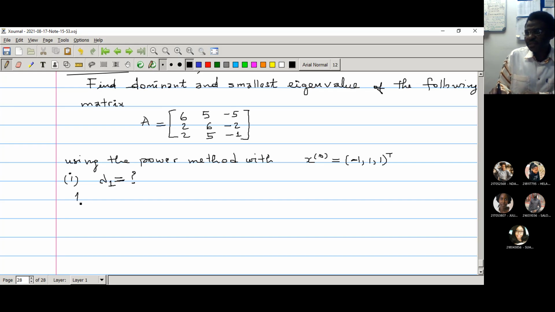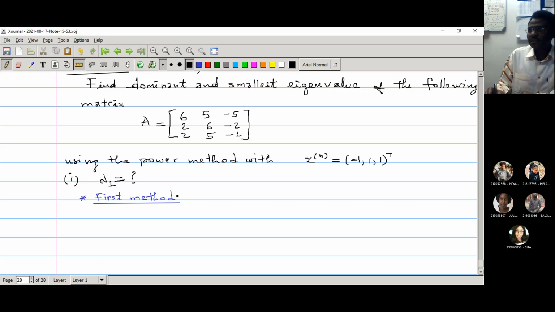So here, first method. The first method is the one that you know already. So it's good even for us to do the two methods so that you see how to apply the one for the shifted inverse power method. It's still a power method, but using a different level.